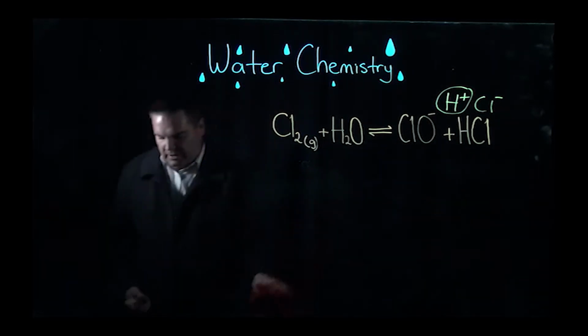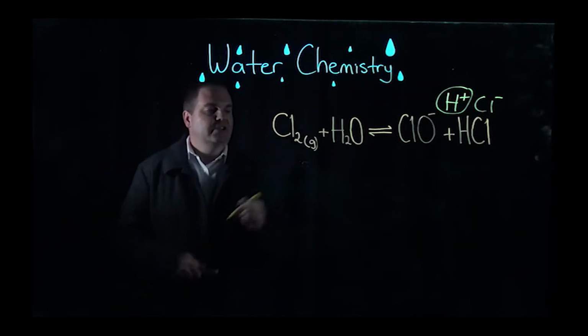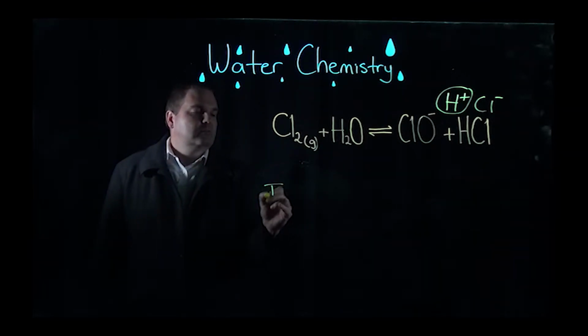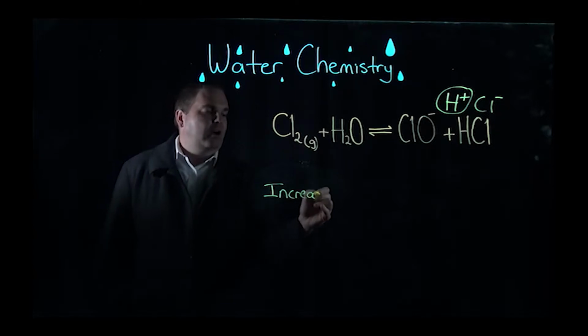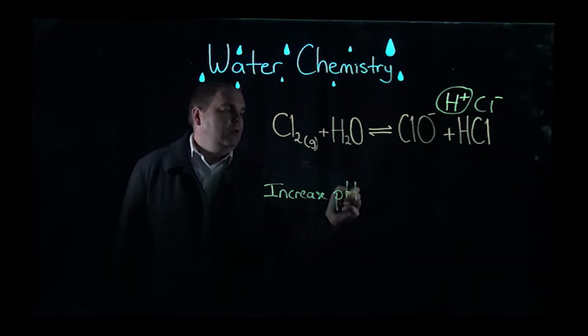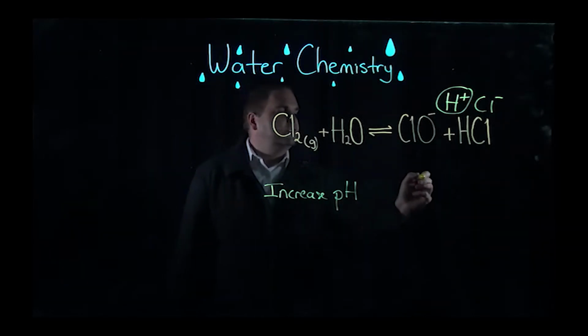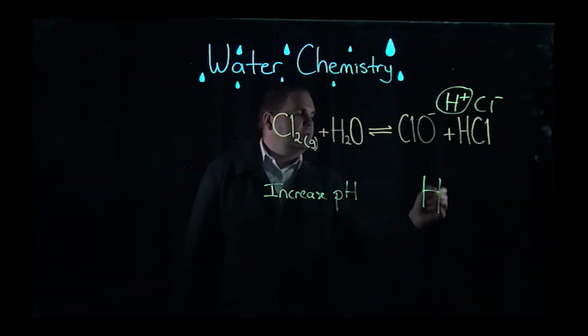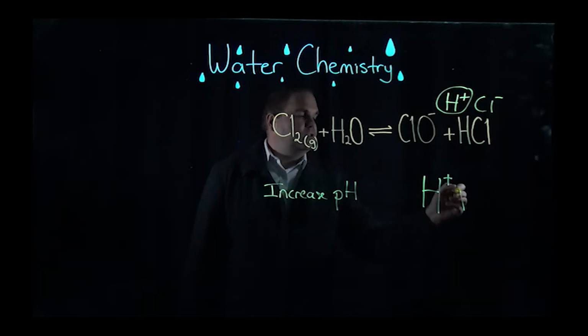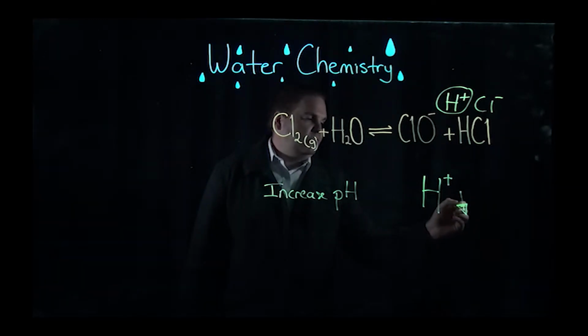Okay. So if we increase the pH, or have a high pH, what we're doing is we are decreasing our H+ ion concentration. Okay? So our H+ goes down in concentration. I've got to make sure I'm saying the right thing for you, not to confuse you, sorry. Okay?